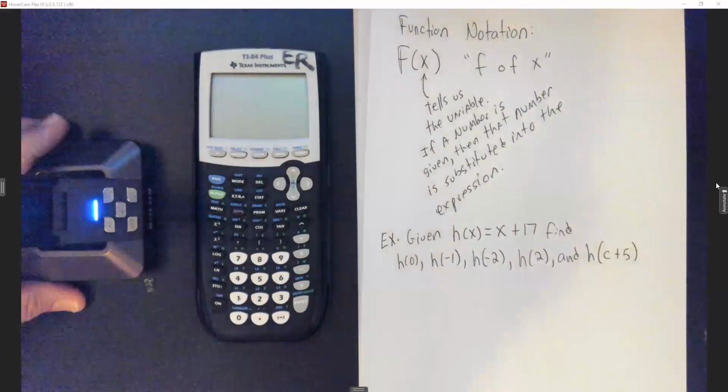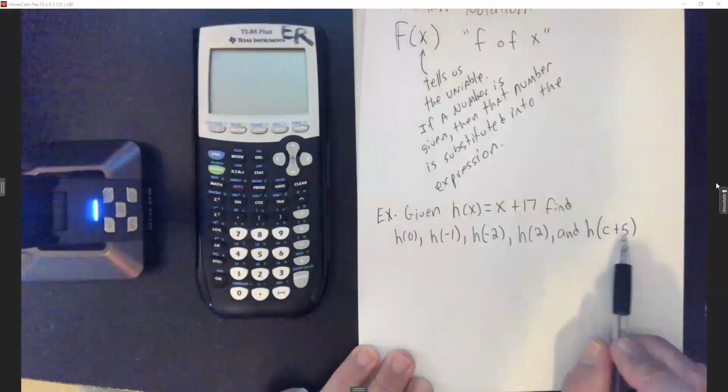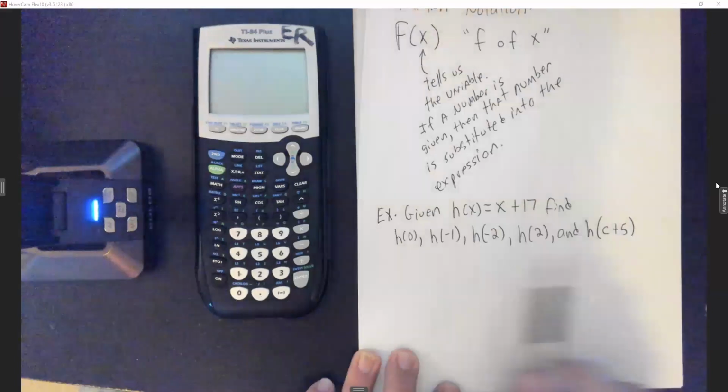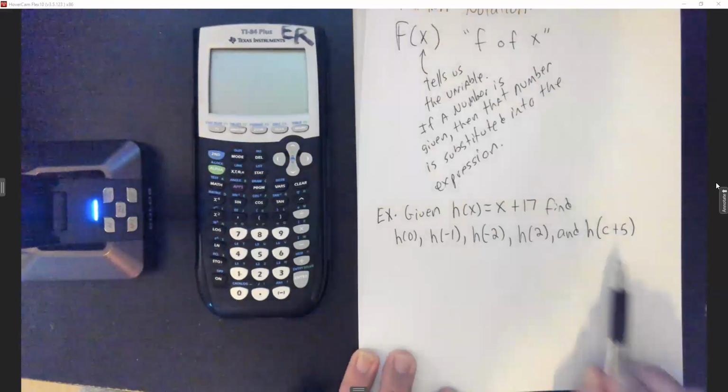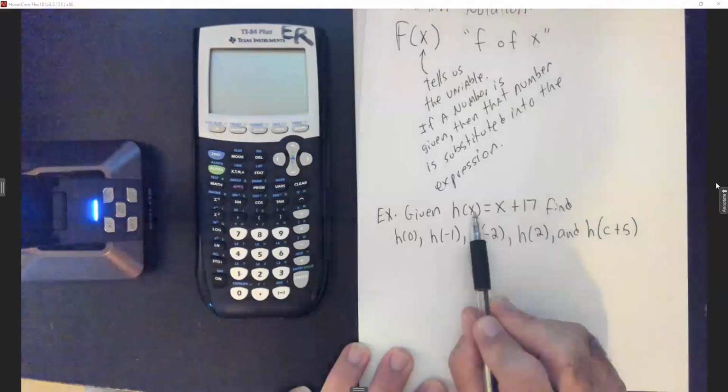So if you notice, this is basically 5 problems, because I got to find all 5 of these values. The equation is h of x equals x plus 17, so they're letting me know x is my variable.